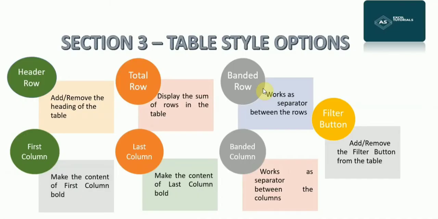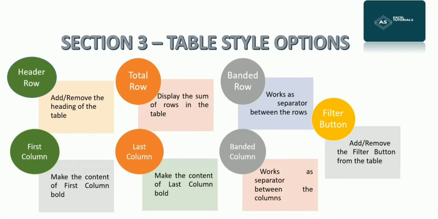We'll move to the next section of the design tab, that is table style options. Now here you can see 7 options are available. First, header row. Header row adds or removes the heading of the table. Then total row, displays the sum of rows in the table.